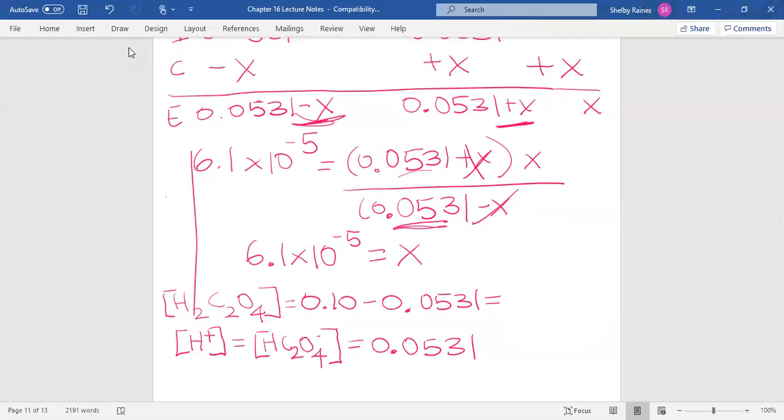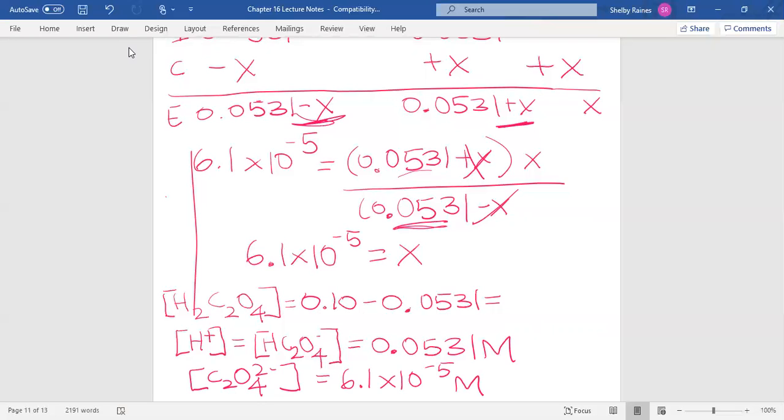And you could actually do that if you want. It's not going to change that number. Then the last concentration we would add would be this concentration. It was just our X from our second ionization.